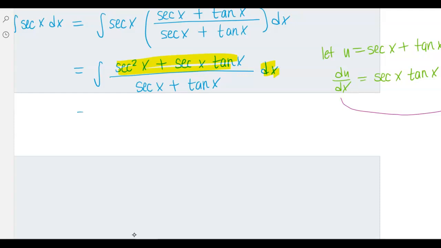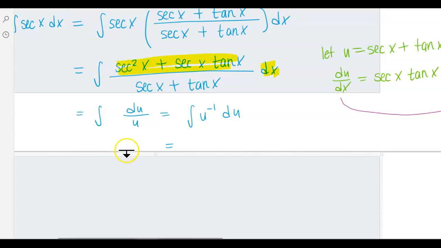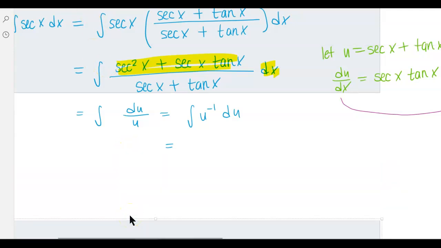So we can say that instead that this is du over u. Or the integral of u to the negative first power du. We know that that is the natural log when we've got something in the denominator like that. So integrating this, we're going to get the natural log, absolute value of u plus c.